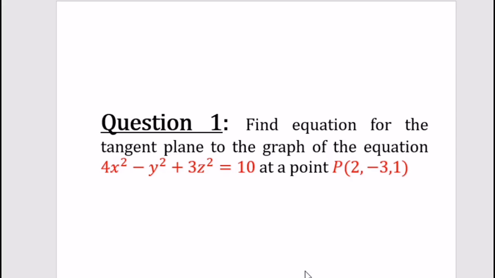Now the first question is: find the equation for the tangent plane to the graph of the equation 4x squared minus y squared plus 3z squared is equal to 10 at a point P(2, -3, 1). Now we see that the given function is implicit, so we use the first definition.